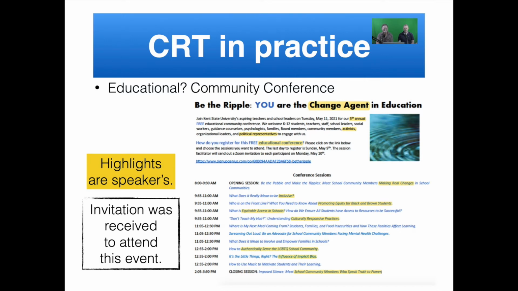Some of the other terminology in the sessions for that day was inclusive, promoting equity for Black and Brown students, equitable access to schools, culturally responsive, and so on. That was an actual invitation I received, promoting and teaching people how to do critical race theory in their classroom or school district.